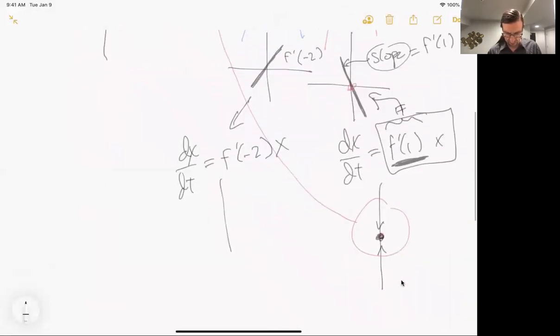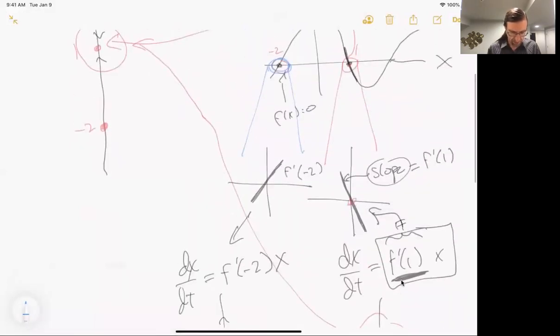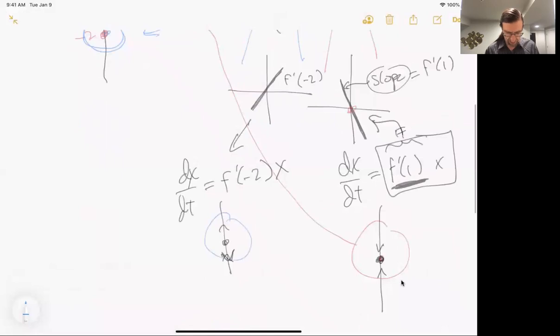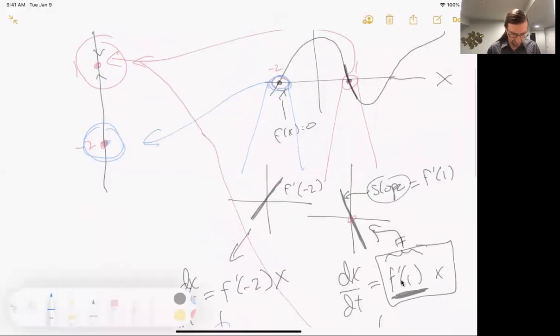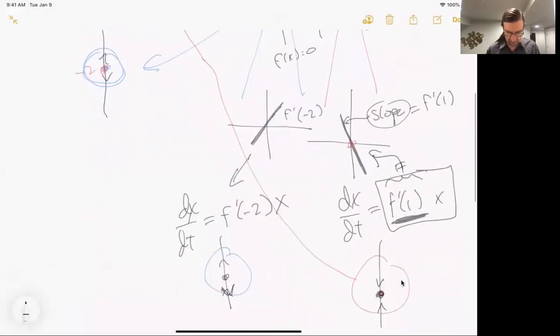It'll have a phase portrait where things are moving away from the origin because in the picture there's a positive slope, which means coming back to this equilibrium point here around minus 2, things look just like this picture down here. So things move away from the origin at the same rate as they did down here.